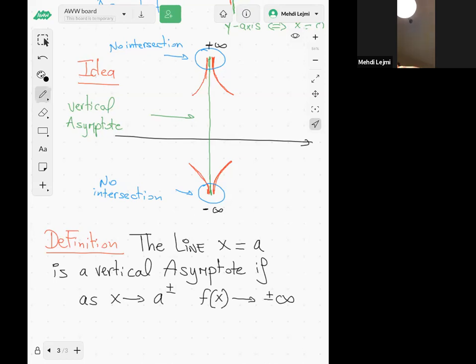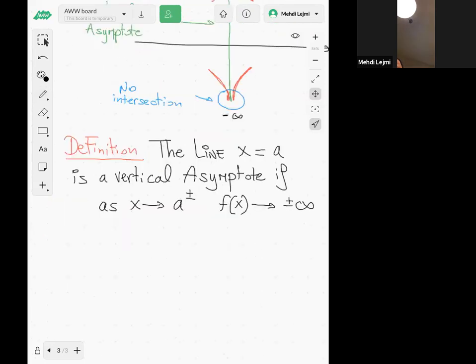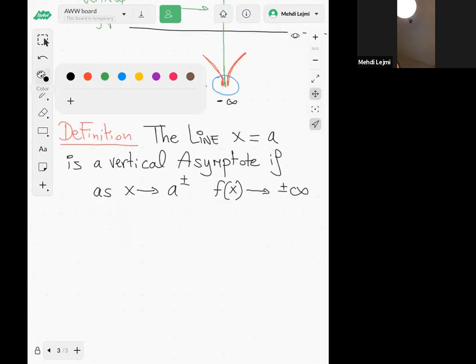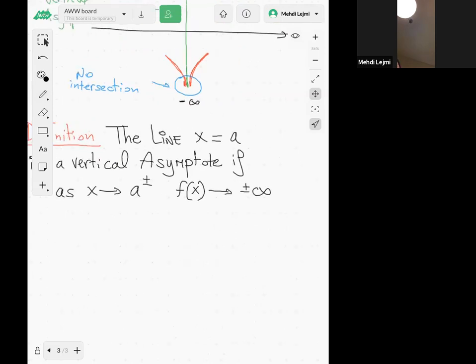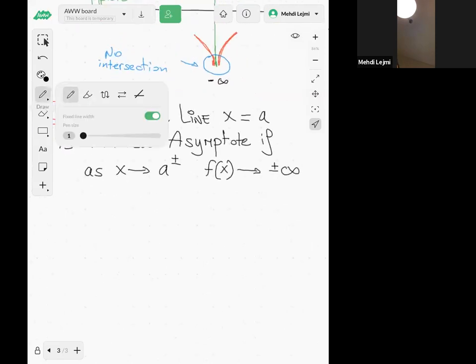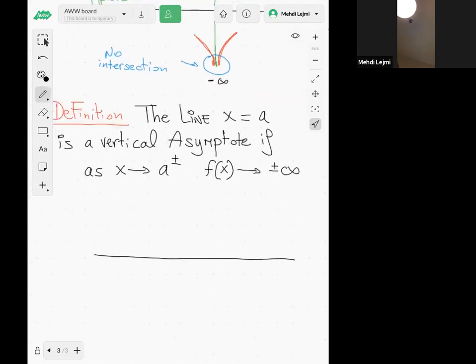It's like in the graph. Let's say this is your x-axis. This is x equal to a. a could be 0, it could be 1, it could be any number.